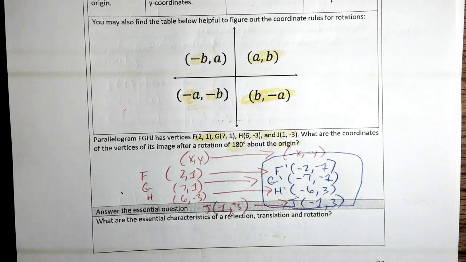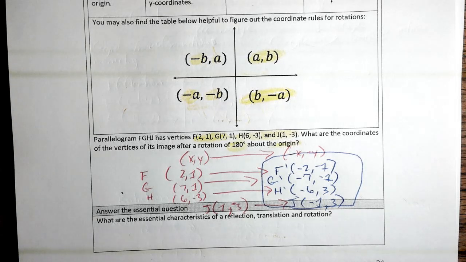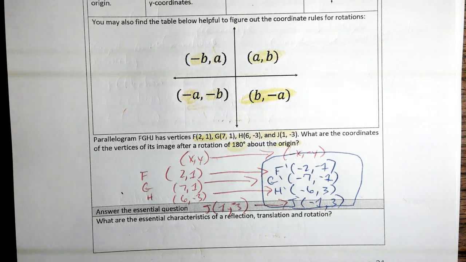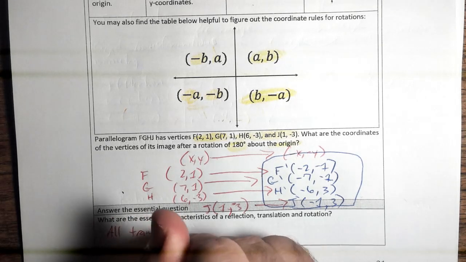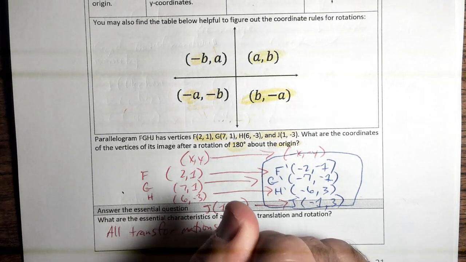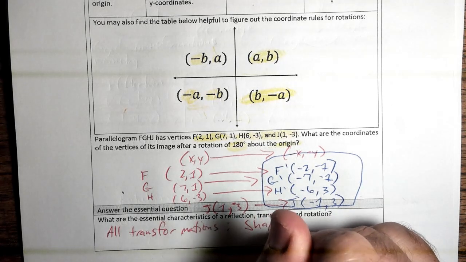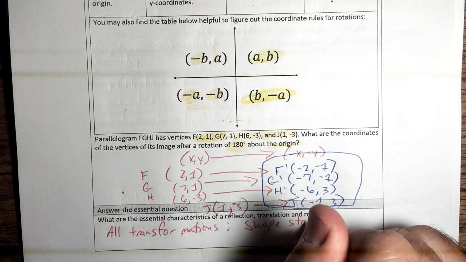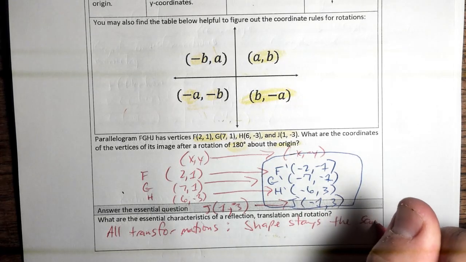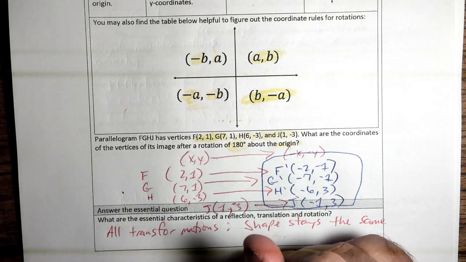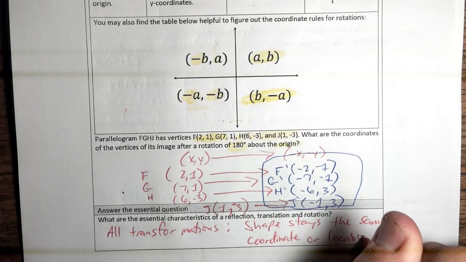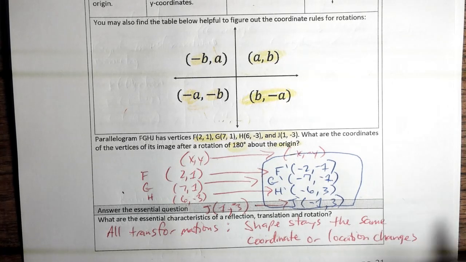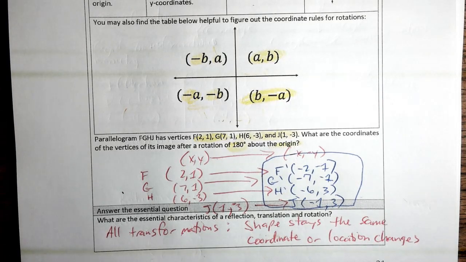All right, the essential question we asked at the very beginning: what are the essential characteristics of reflection, translation, and rotation? Basically, for all transformations, the shape stays the same.